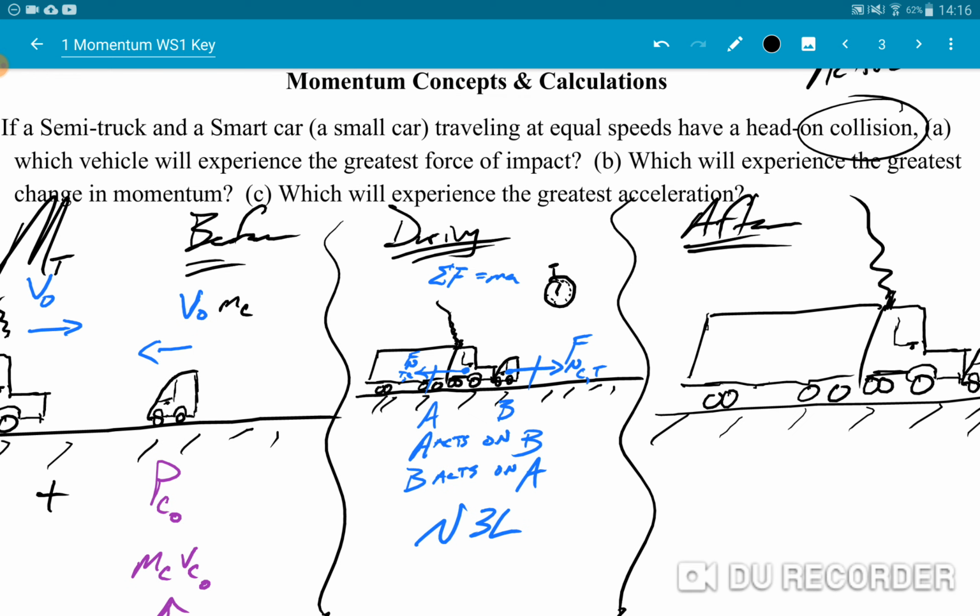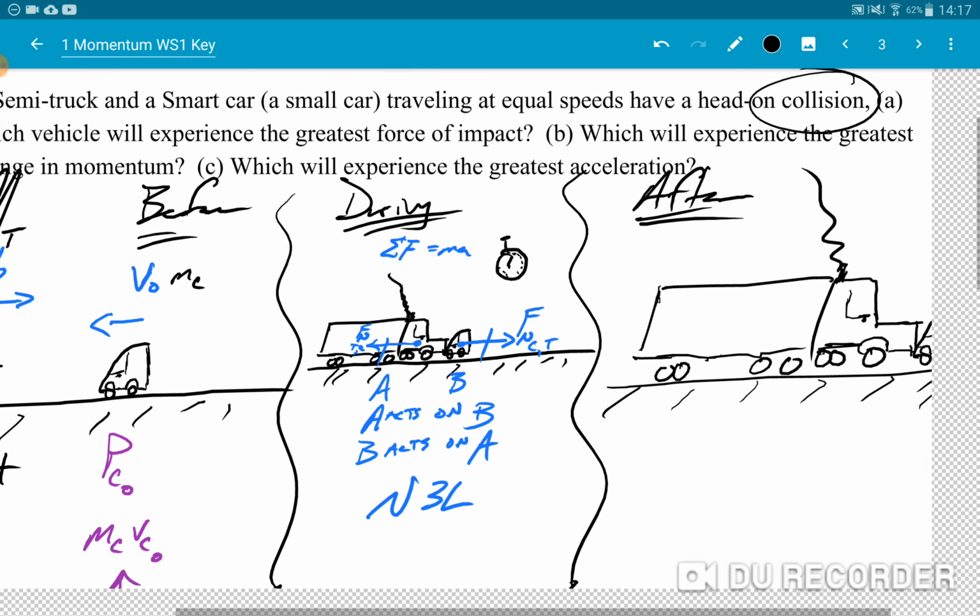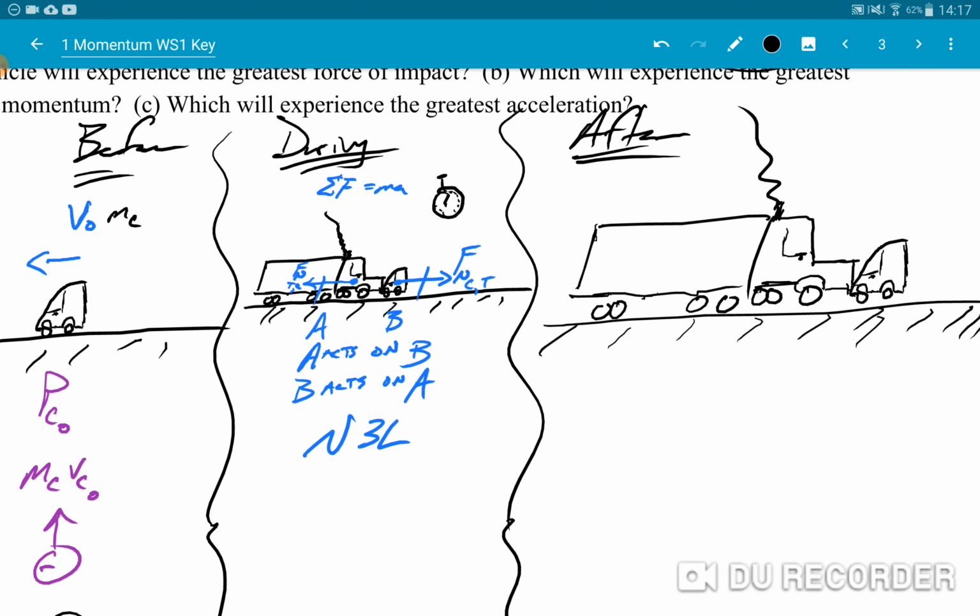Would I get 1 or 2 times? Would it be the same amount of time for both the truck and the car when they're colliding, or would there be 2 different times? You'd say, yeah, it's just one collision, so I can only measure it one way, from when they start to hit to when they stop hitting or stop crushing into one another. So then it would just be one time.